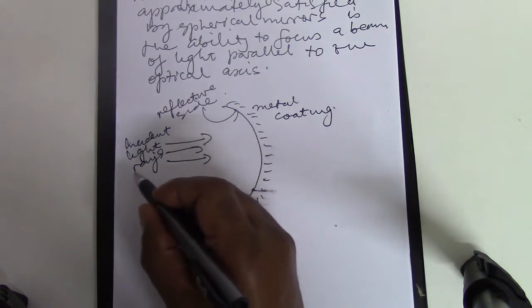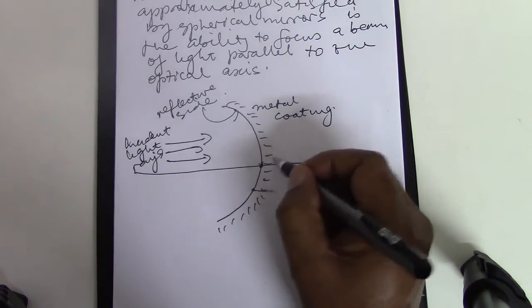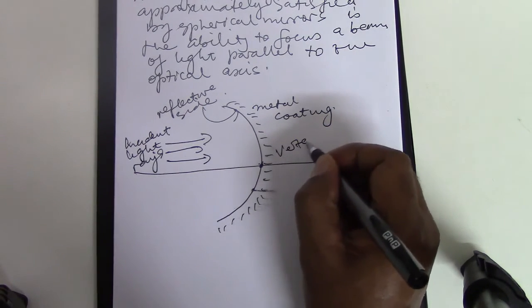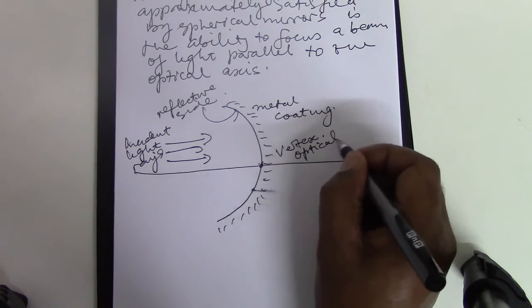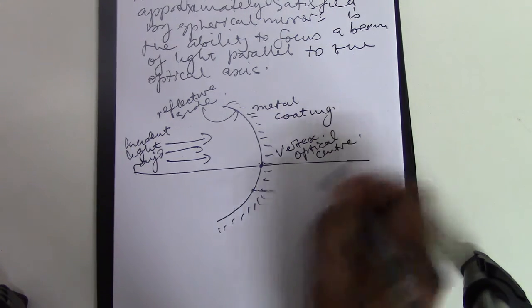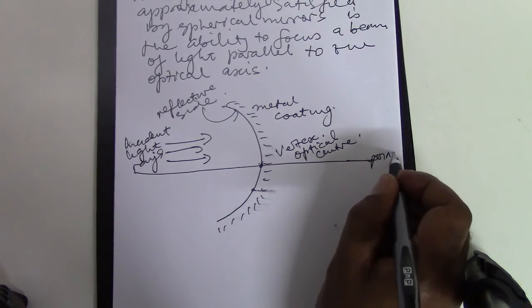Now, at the center here, sometimes it's called the vertex, sometimes it's called the optical center. This line is still the principal axis.